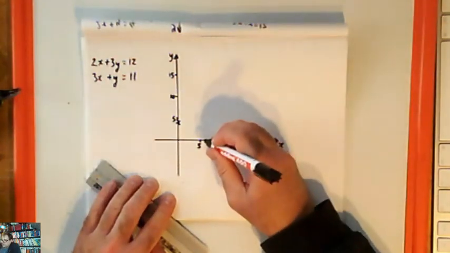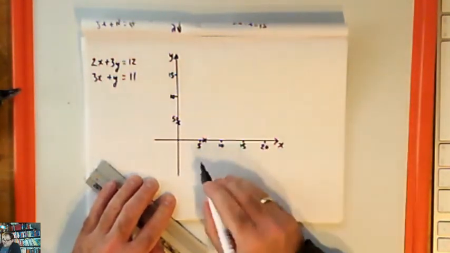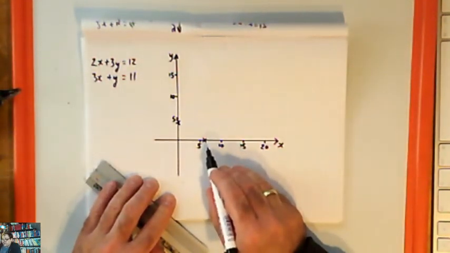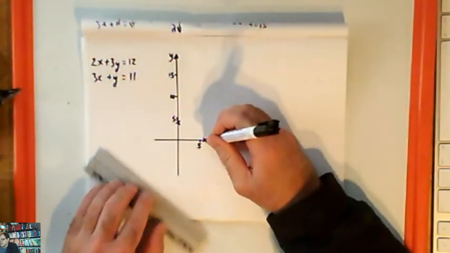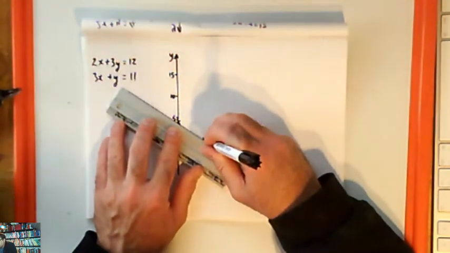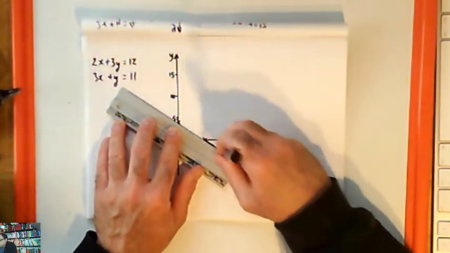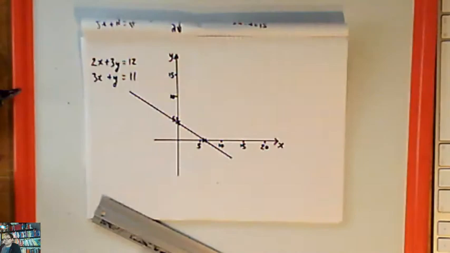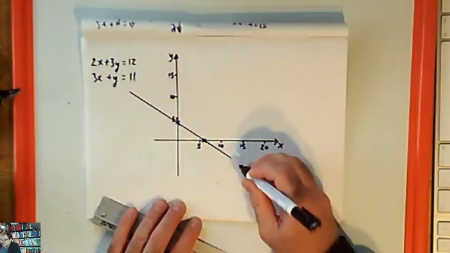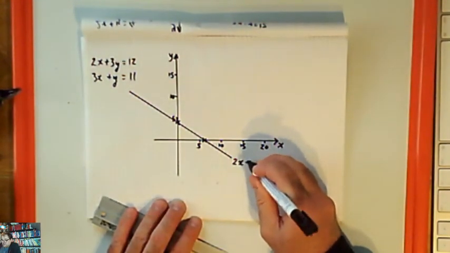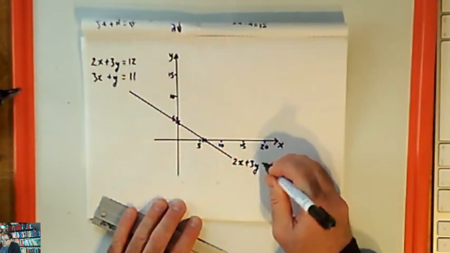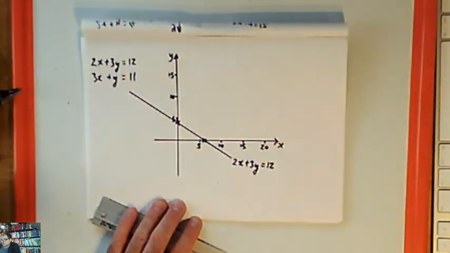So when x is 6, y is 0, that gives us the point (6, 0), and then we've got 2 points where the line crosses the axes. So now that we've got those 2 points, we can join them up, and then we get the straight line that represents the equation 2x plus 3y equals 12.